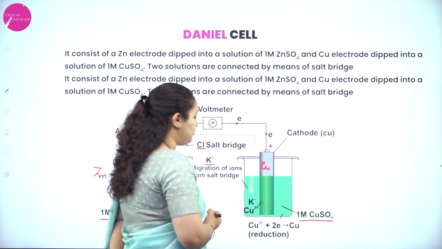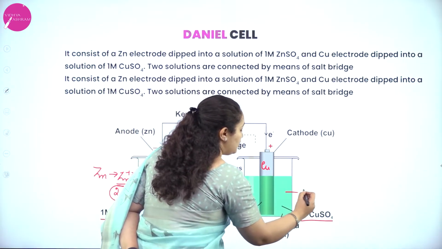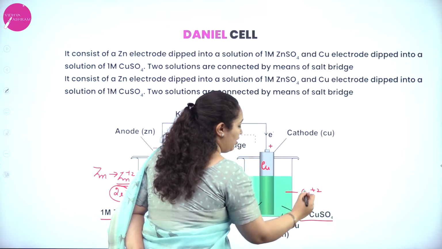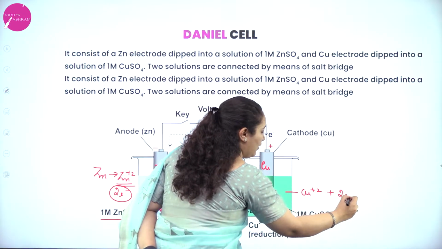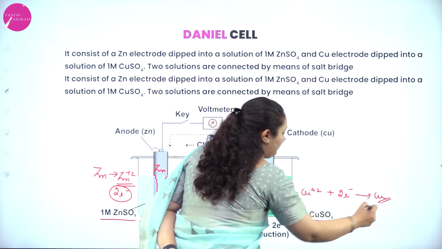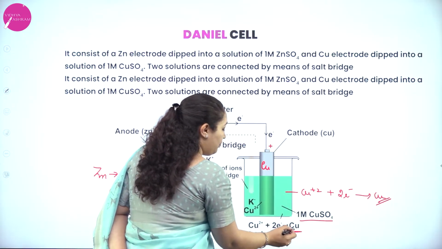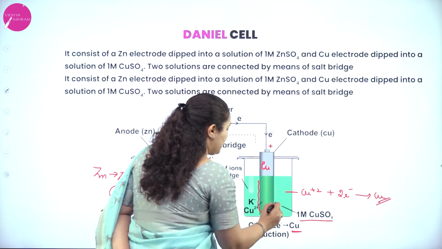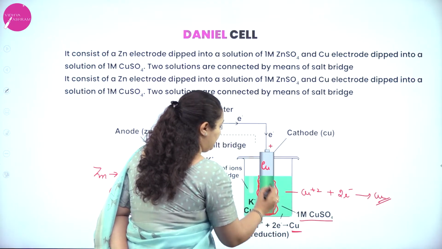Now in the copper electrode, what is happening? The solution contains Cu2+ ions which will accept 2 electrons to form copper metal, and the copper metal which is formed starts depositing on the electrode.